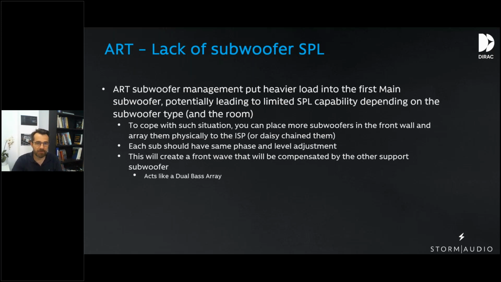Of course it depends on the number of subwoofers you have in the front wall and the way they are located, but you will create a kind of energy wave that comes from the front wall, and the other subs will be used to support it. What you need to make sure, of course, is that if you daisy chain your front subwoofers, they have the same phase and level adjustment to make sure that you get something proper.